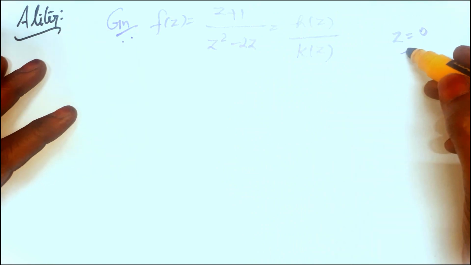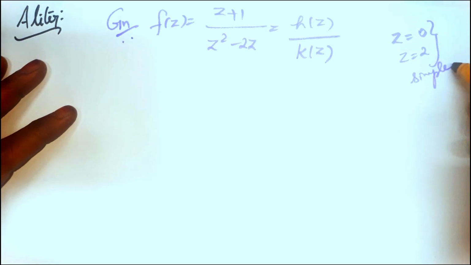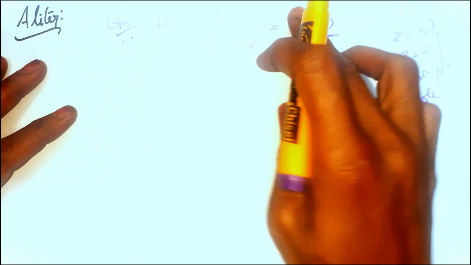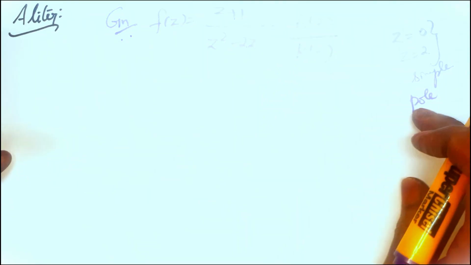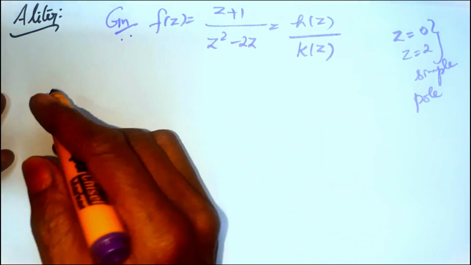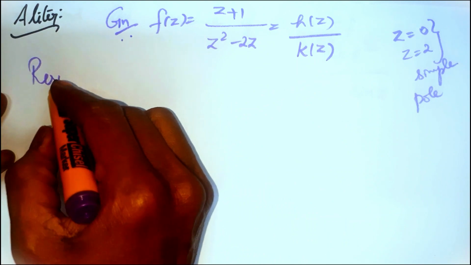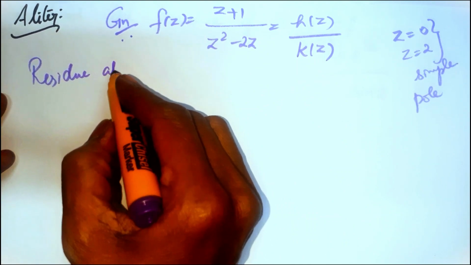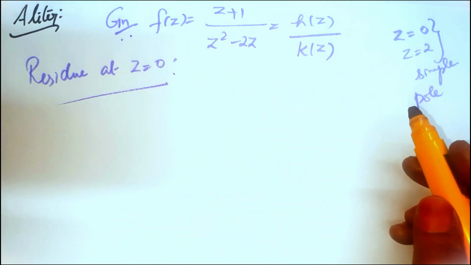One is z equal to 0, the other one is z equal to 2. Both are simple poles. This we would have to repeat when we start working in this method, but we have already done it, so I have noted down z equal to 0 and z equal to 2 as simple poles. Okay, so we are going to calculate the residue at z equal to 0 first.